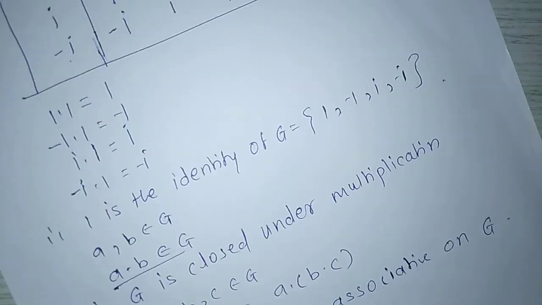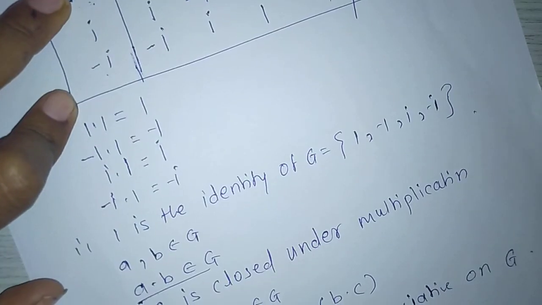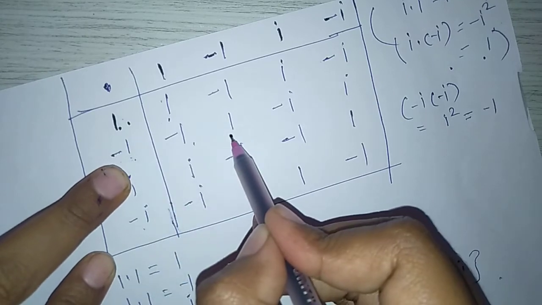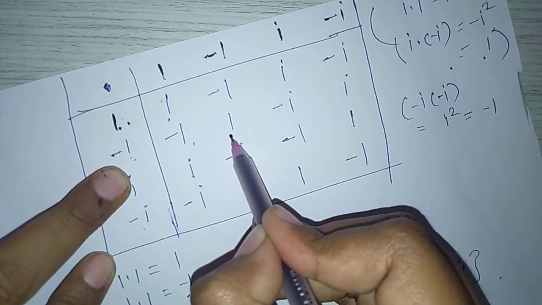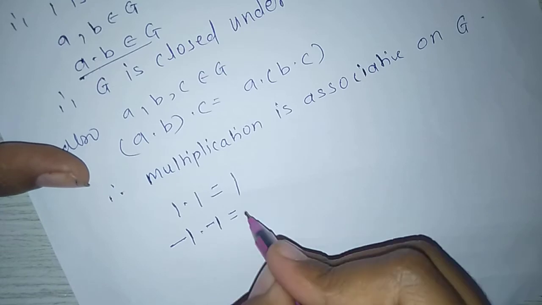Also here the identity is 1. In the first row, 1 is here, meaning 1 into 1 equals 1. In the second row, 1 is here, and it is the multiplication of minus 1 into minus 1, which gives plus 1.